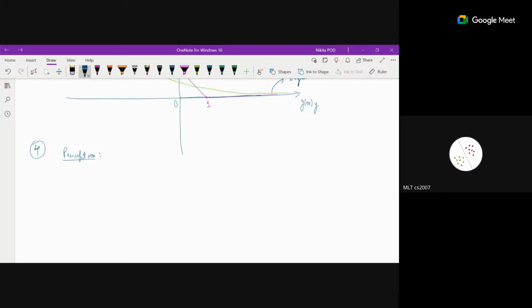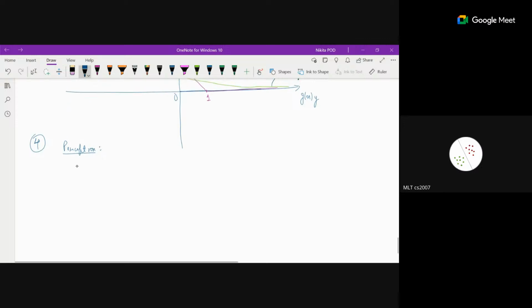So in perceptron, the update rule that we were using was w_{t+1} is equal to w_t plus x_t by t, right? This was my update rule for the perceptron problem.